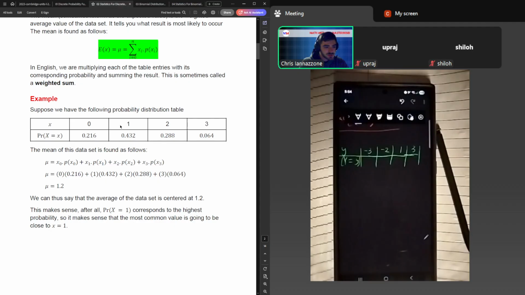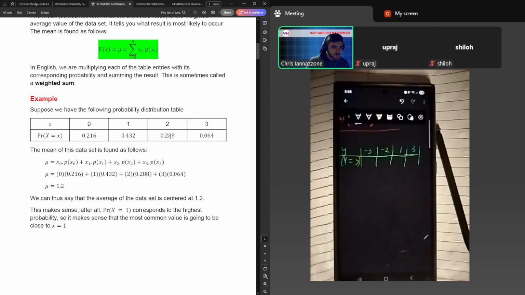And in this case, for this particular probability table, you get a mean, denoted by the Greek letter mu, as 1.2. That tells you that the average result of this data set is going to be 1.2. So where most of the results are going to lie, which kind of makes sense. If you see this 0.4 here, you can determine that the outcome 1 is going to be the most likely.